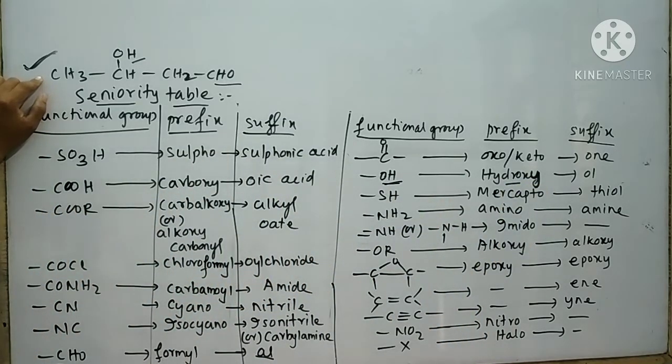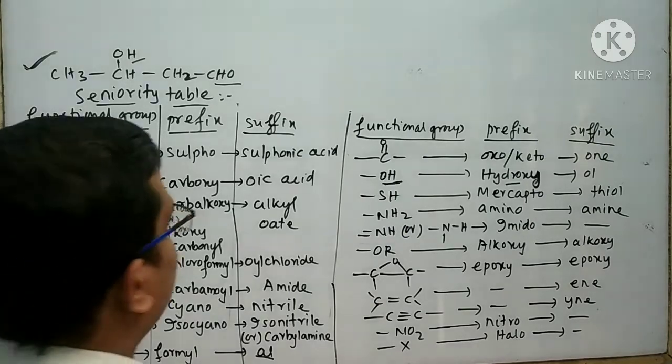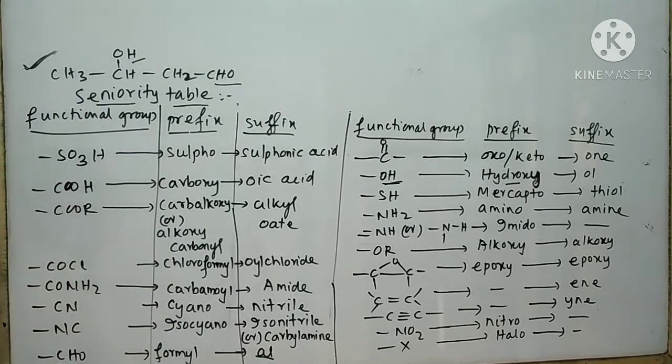Remember also an important point: the selection of the longest continuous carbon chain and the numbering of the parent chain must be done according to the principal functional group. That means all the priority is given to the principal functional group.